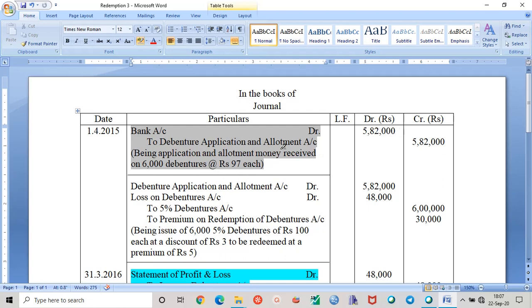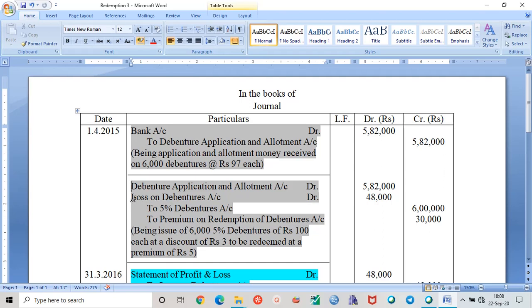Now you will have the second entry. You will transfer the debenture application and allotment account to 5% debentures. So debenture application and allotment account debit 5 lakh 82,000. After which there will be loss on debentures, because the debentures are to be redeemed at a premium.